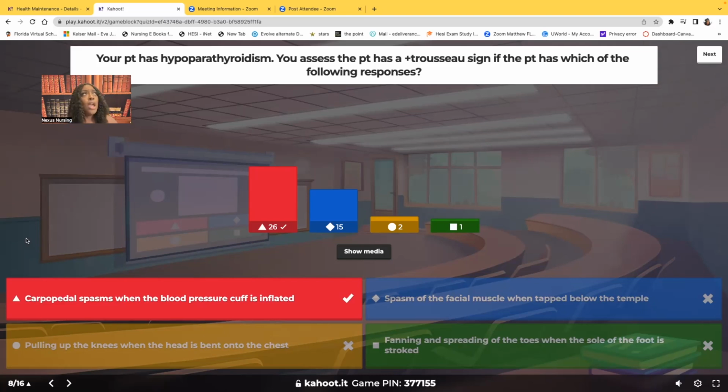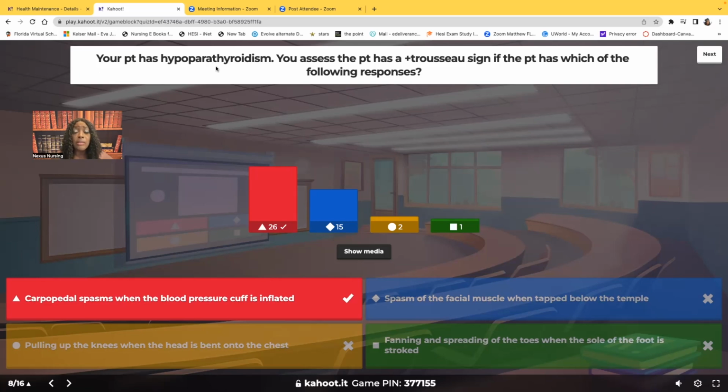Okay, Professor D, you're saying hypocalcemia, but how do I know this is what's happening? Look at this patient's diagnosis. Hypoparathyroidism. Let me tell you something. When we're talking about the parathyroids, what we're really talking about is calcium in the blood. If the patient has hyperparathyroidism, they're having too much calcium in the blood.